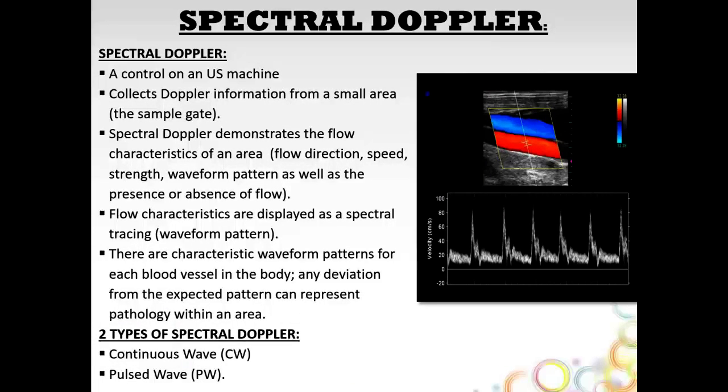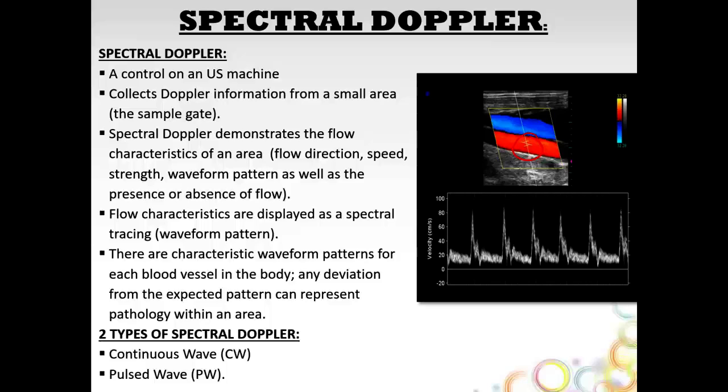Spectral Doppler. So this is another Doppler control in an ultrasound machine. It's going to collect Doppler information from a very small area known as the sample gate. So within that little sample gate, it demonstrates the flow characteristics of an area.